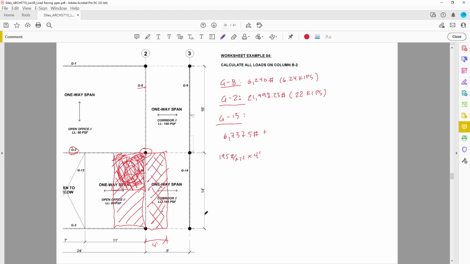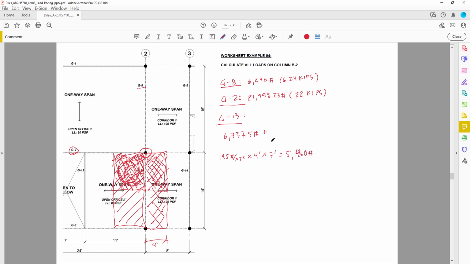And instead of multiplying this by 14 feet, let's just look at the area that is 1/2 of the area, because we know that that's the load that's going to be going into B2. So let's multiply this by 7 feet. Okay, so now we have 195 times 4 times 7 equals 5,460 pounds.